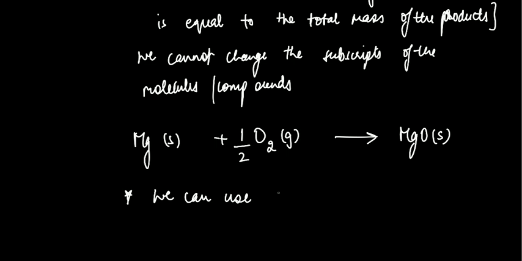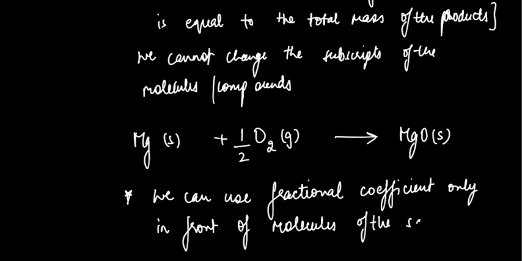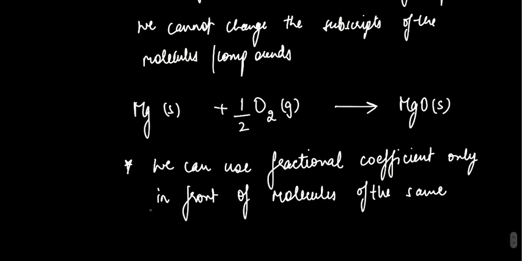So remember, we can use fractional coefficients only in front of molecules of the same element. Oxygen is a molecule of the same element. So this 2 and this 2 will get cancelled.